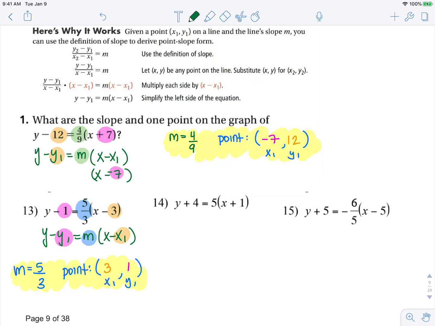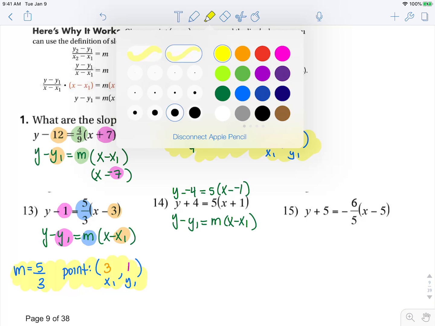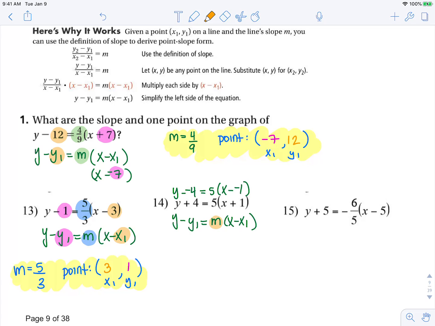Same thing moving on. y minus y1 equals m times x minus x1. So remember, when we're adding, this is the same as y minus -4 equals 5 times x minus -1. So once I've looked at that, I see my slope is 5.